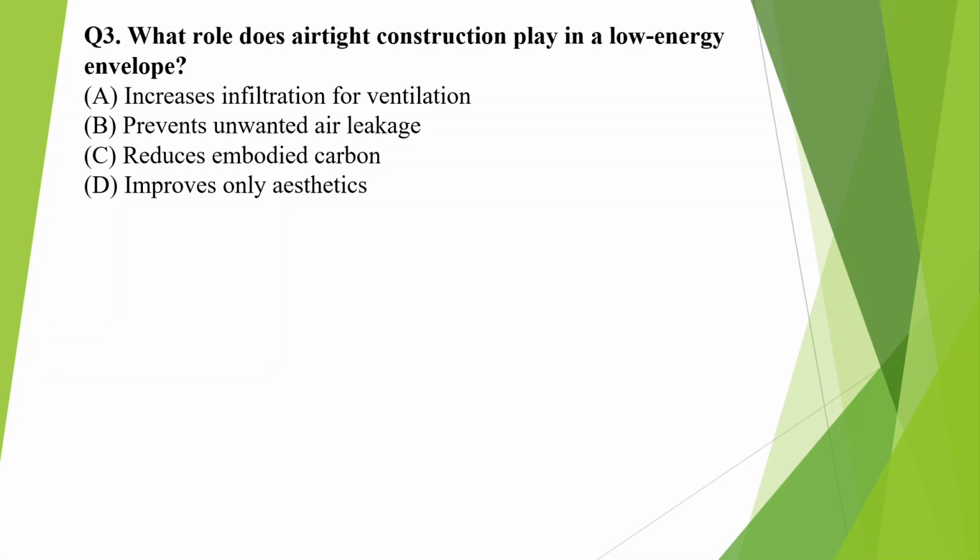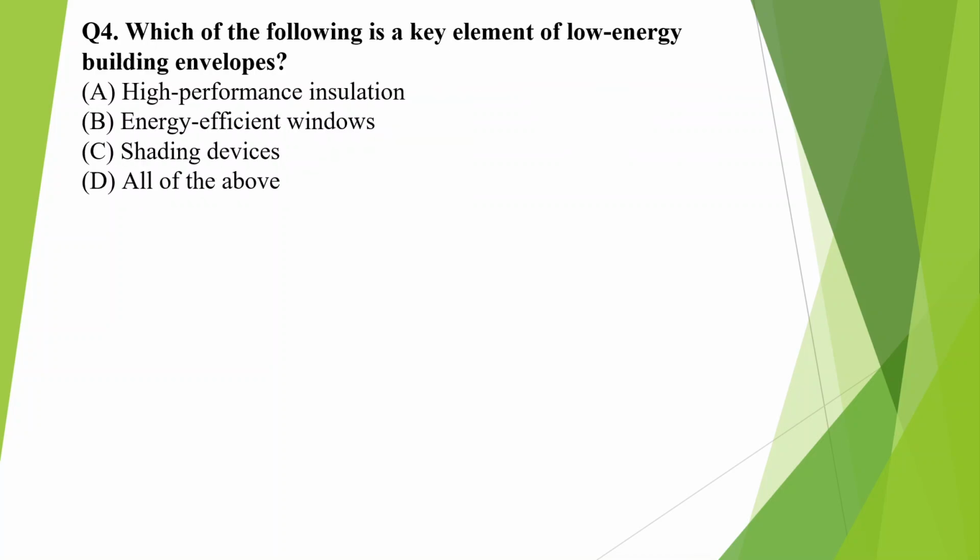Airtight construction overall minimizes the infiltration of outside air leakages, or the conditioned air that is inside your house. Thereby it will help you reduce energy wastage. All of you are correct, and whoever was not knowing, I hope now it is clear. Let's move to the next question, question number 4.